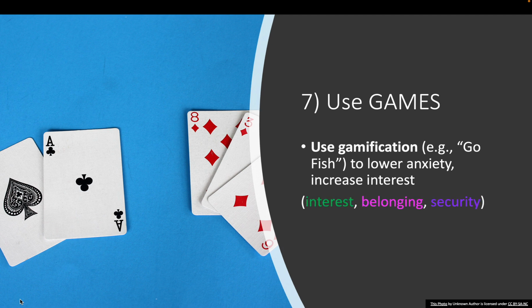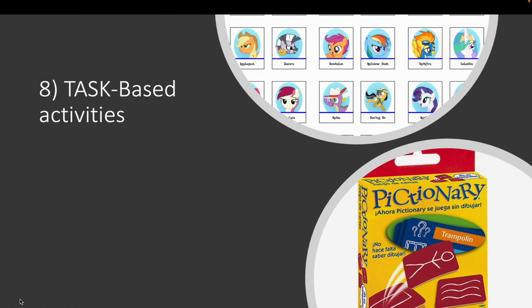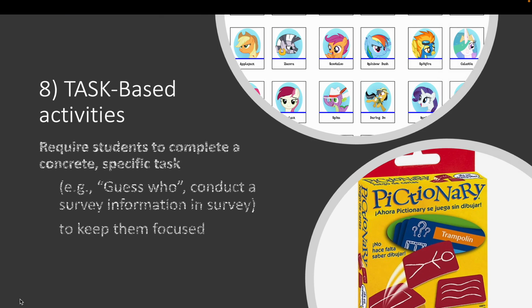which of course increases their interest because games are fun, belonging. They can't complete the game without everyone participating, and security. It's super easy because we're practicing this and it's low risk. And games are a really nice example of task-based activities. And a task-based activity really requires students to complete a concrete and specific task within a certain amount of time.